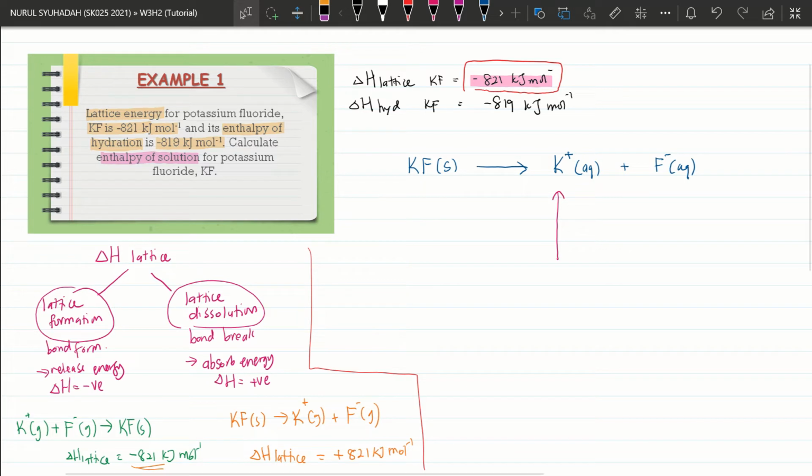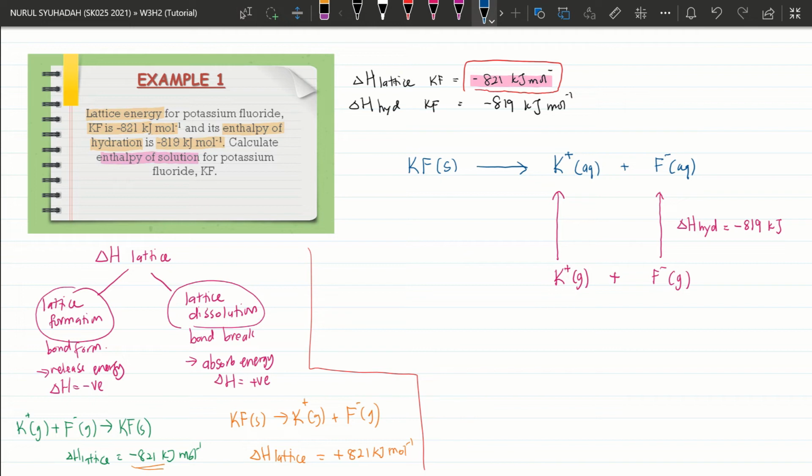Okay, the arrow should go upwards and you put here K+ gas, and then another arrow over here, F- gas. And please make sure you put a plus sign over here. Okay, so the value down here will be your delta H hydration. And since it only gives us one delta H hydration information, meaning it's for both, so you put as negative 819 kilojoule, only in kilojoule.